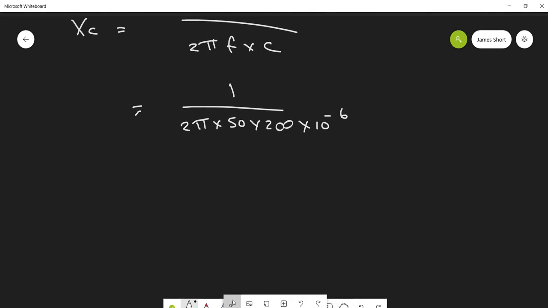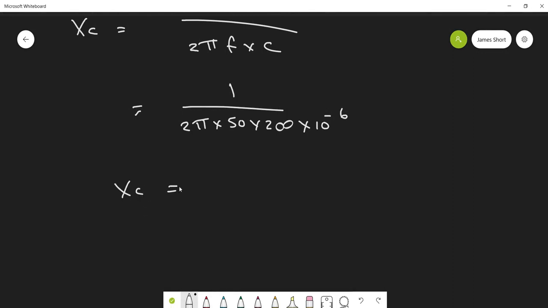Do that in your calculator and what you get, XC is equal to 15.9 ohms. So ZC is minus J15.9 ohms.